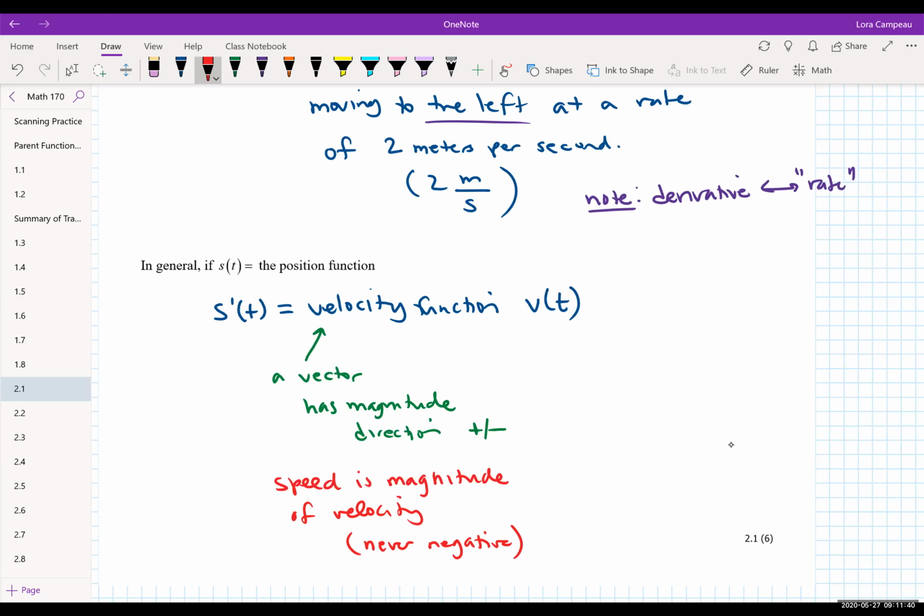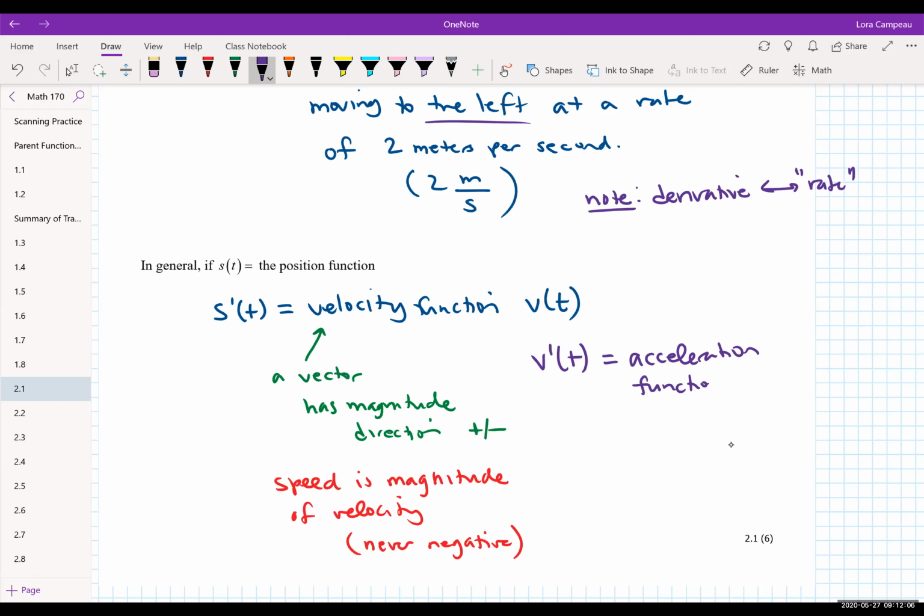That's a positive speed. Later on, when the time comes, maybe at the end of this section, if you wanted to take the derivative of the velocity function, you can do it for the heck of it, but it actually has an application involved with it. It actually is the acceleration function.